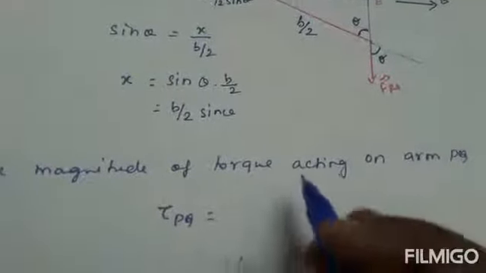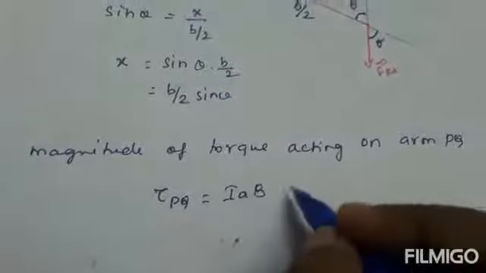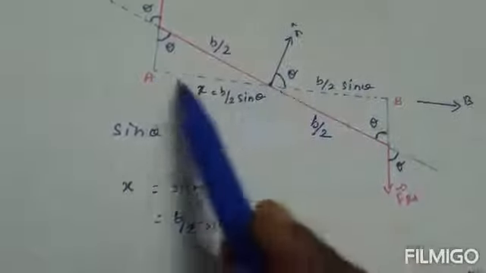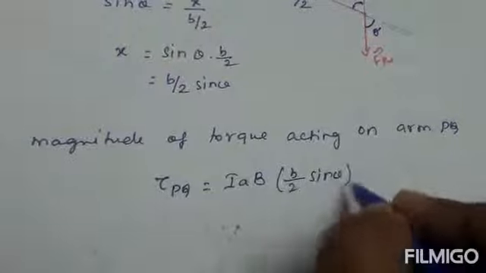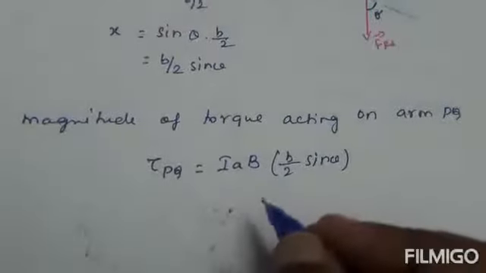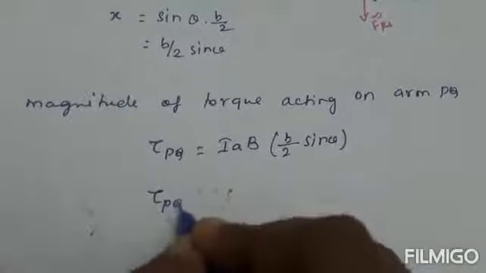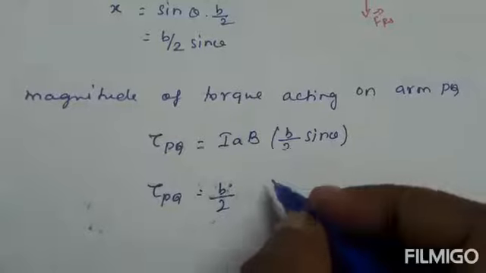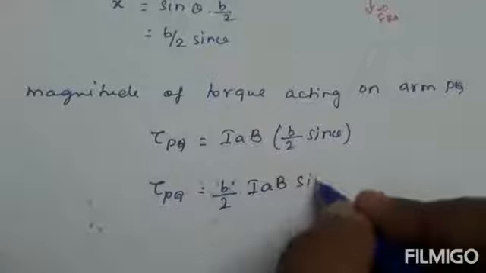F PQ is IAB, into the perpendicular distance, which is b by 2 sine theta. So tau PQ is equal to b by 2 IAB sine theta.